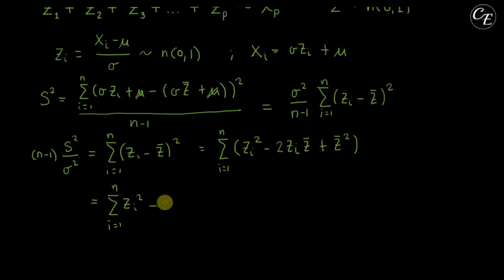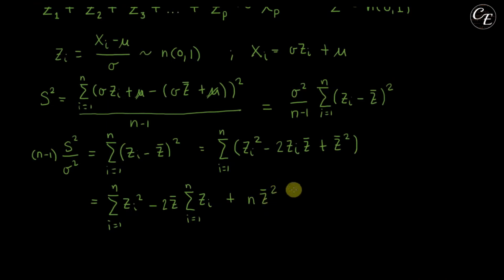So we have 2 times z bar, then the summation of z sub i from i equals 1 until n, then plus this z bar squared, which again is a constant for this summation, and it will be summed n times. So we have here n z bar squared.